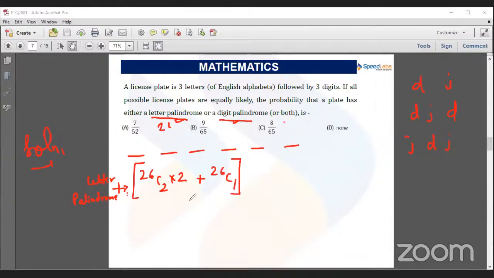Technically it is a palindrome. And for the digit palindrome, it will be again the same, 10C2 into 2 plus 10C1.